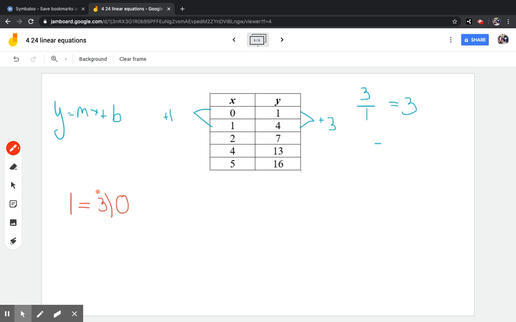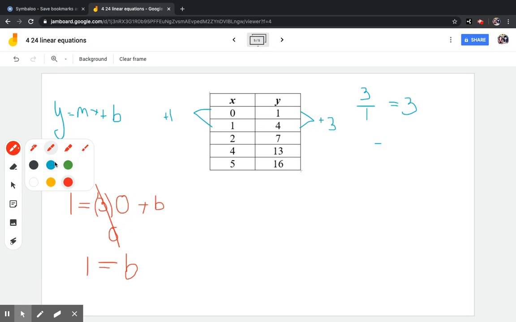We're going to put parentheses around the m this time, plus b. All right, 3 times 0 is simply 0. So this whole thing cancels out. So now we know 1 equals b.